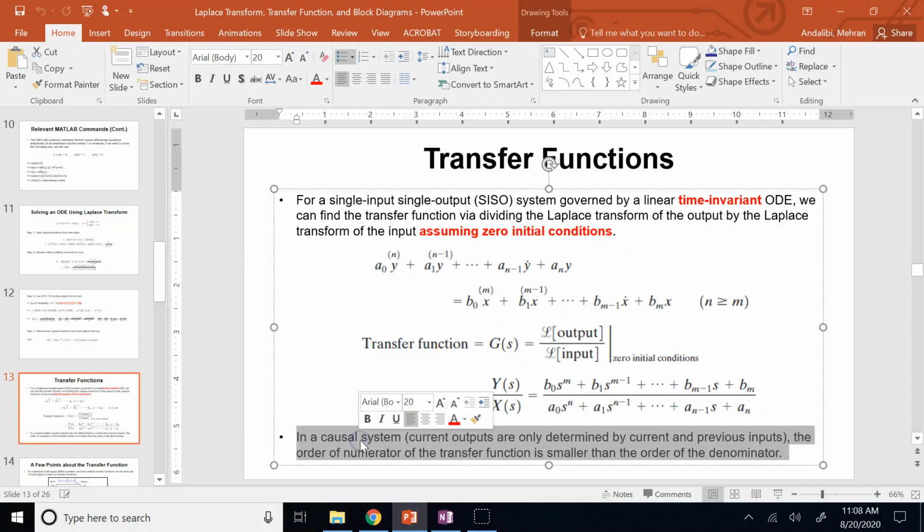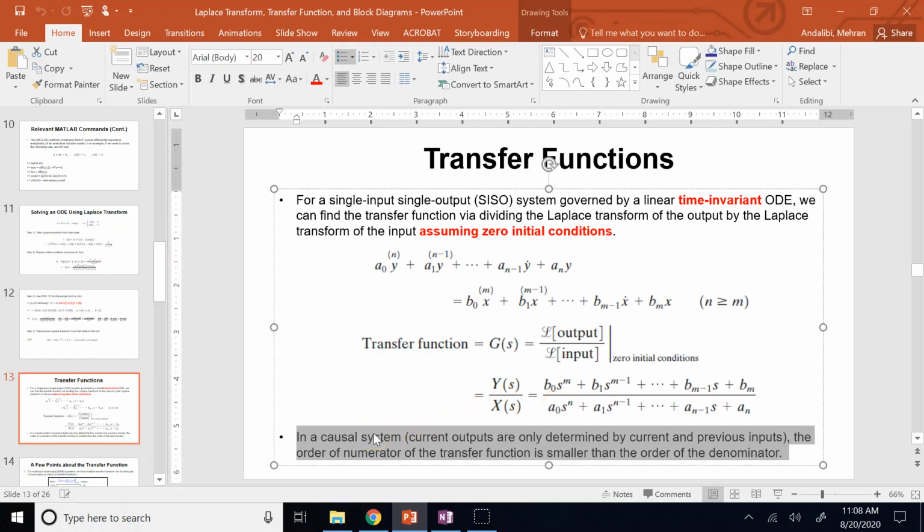The other important thing we need to know is in a causal system, this is what I mentioned in the previous lecture, the order of the numerator m, the highest order of the polynomial, is less than the order of the denominator n. Why?